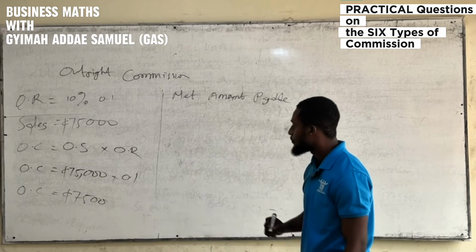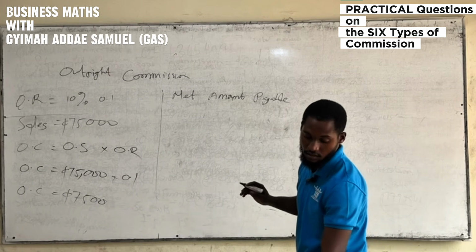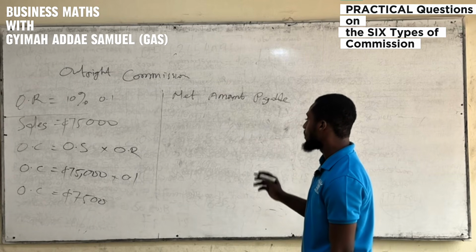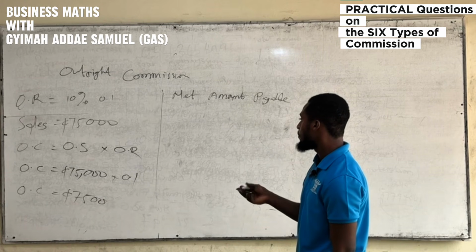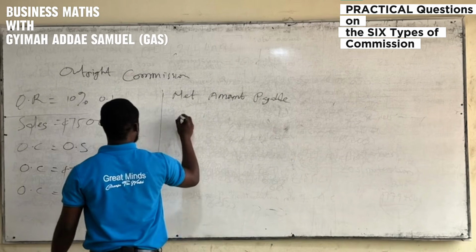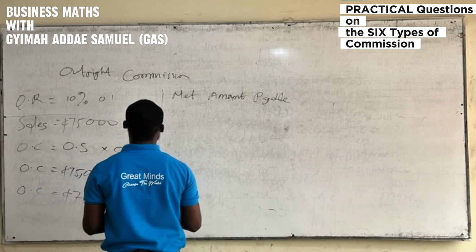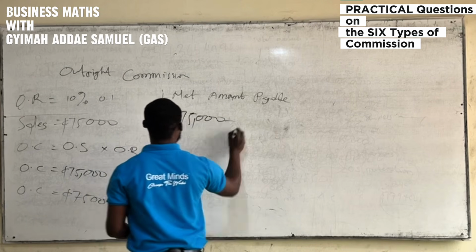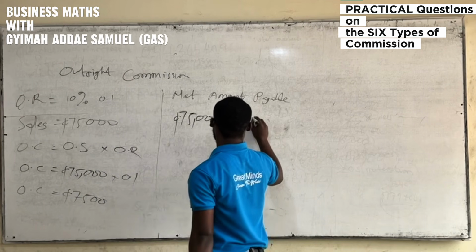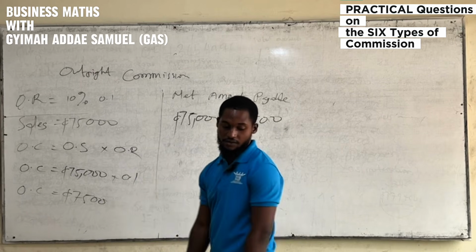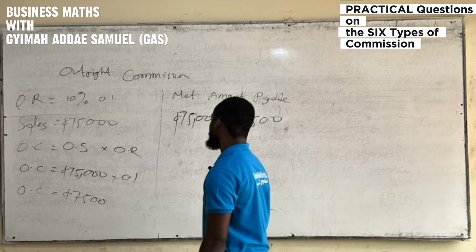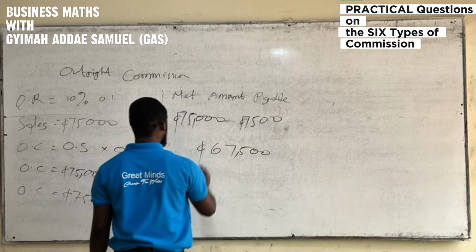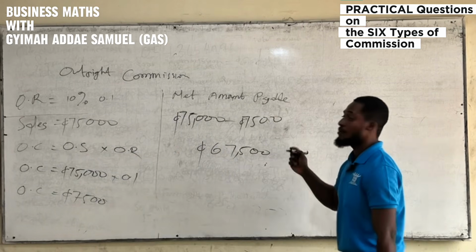You subtract the outright commission from the outright sales, which was given by the question. The outright sales is 75,000 Ghana cedis, and the outright commission is 7,500 Ghana cedis. When you compute this, you are getting 67,500 Ghana cedis, and this is the net amount payable.